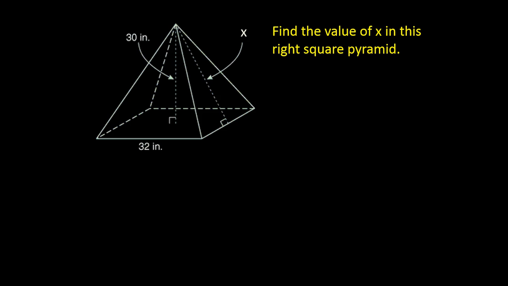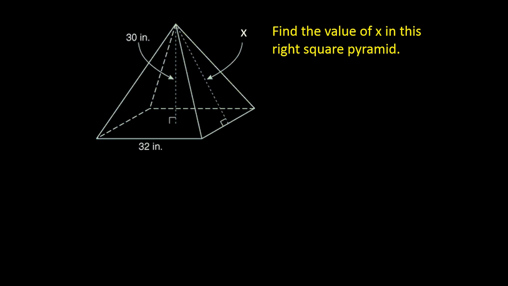Now let's look at a three-dimensional figure and see if we can use the Pythagorean theorem to find some unknown measure in that figure. We've got a right square pyramid and we want to find the value of x. Now x in this case is a distance from the vertex up at the top of this pyramid down to the base along one of the sides, and that is a perpendicular distance.